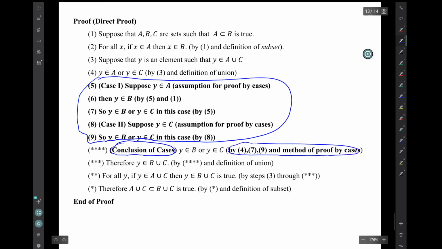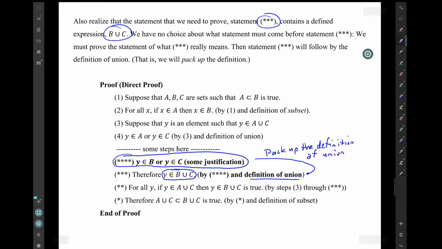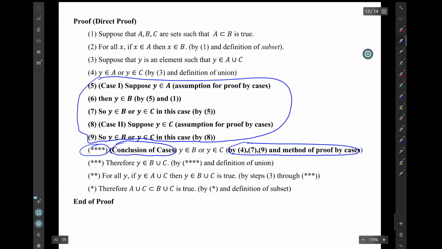Remember earlier, we didn't know how we were going to justify statement 4 asterisk. Statement 4 asterisk, we just knew had to be there, justified somehow. Well, now we realize these statements have to go in that gap, and furthermore, this is how statement 4 asterisk gets proved.